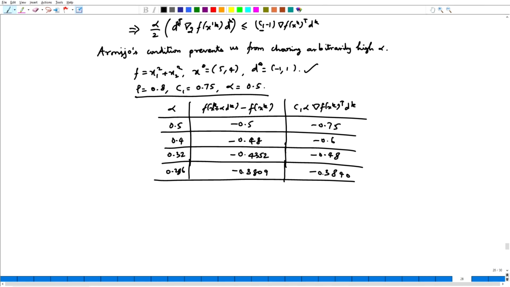So, that is a very different value, is not it. So, what this tells us is that backtracking line search may not give us the exact value of alpha which minimizes f of x k plus alpha d k minus f of x k, okay. So, it could happen that we are actually choosing an inexact value of alpha.